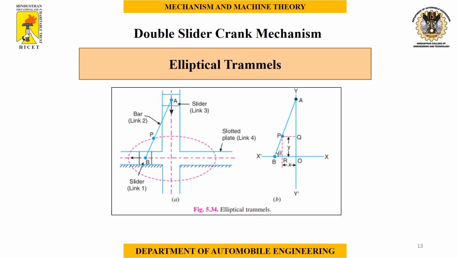The elliptical trammel is used to draw an ellipse. Here we can see links A and B sliding in a fixed path, where link 2 connects A and B. Link 4 acts as a slotting block.